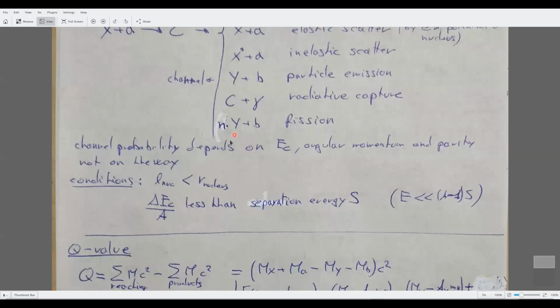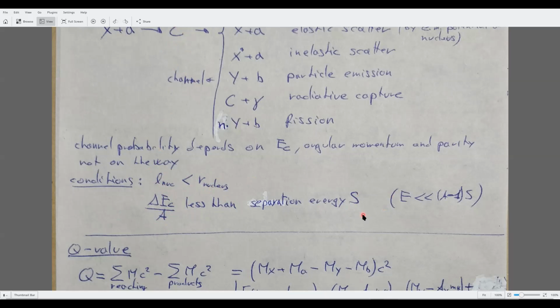The conditions for this description are quite simple: the mean free path of the nucleon is less than the radius of the nucleus, which is quite obvious, and the excitation energy of the compound nucleus per nucleon is less than the separation energy.